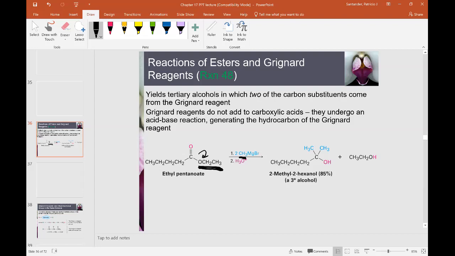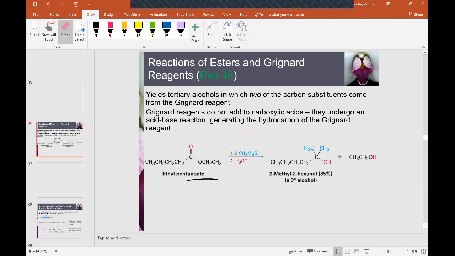Don't worry too much about the mechanism of that, because in the second semester we will discuss that in more detail. But for the time being, you should be aware that when reacting an ester like this with a Grignard reagent, you will need to use 2 equivalents of your Grignard reagent, and then at the end of the game, you will have a repeat, right? Now you will have 2 groups that look the same, right?